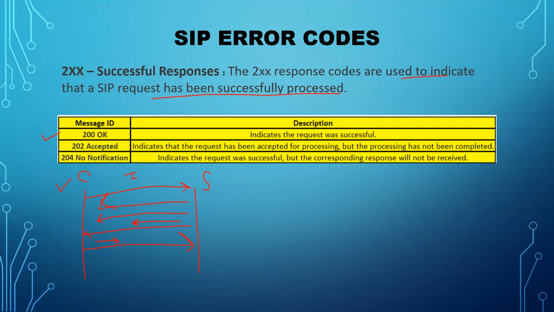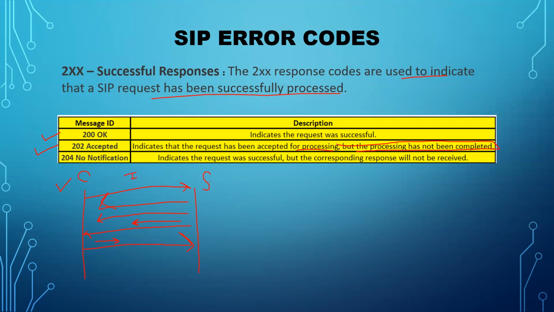Then we have this 202 accepted message. It indicates that the request has been accepted for processing, but the processing has not been completed, right? So the server accepts those messages. The server will indicate to the client that whatever you sent to me earlier, I have accepted, and it's in processing state.